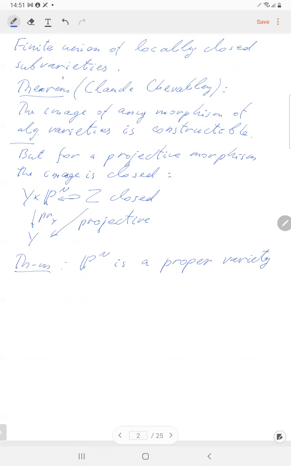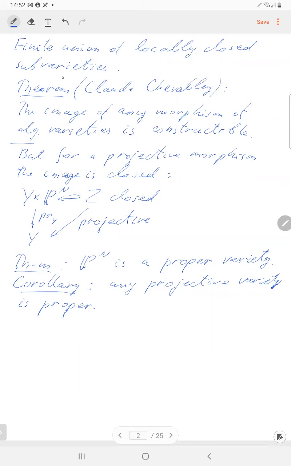And an immediate corollary is that any projective variety is proper. I mean, any closed subvariety of projective space is a proper variety.